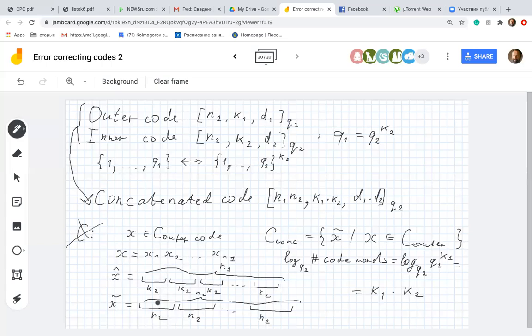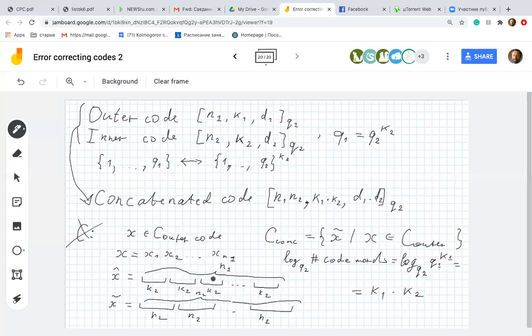So how does it happen that the distance is also d1 times d2? Look at this picture. Assume that we have two different code words x and, say, y of the outer code. Then the sequences are different, and moreover, there are at least d1 different letters in the two code words. That means that we have at least d1 different blocks in hat x and hat y.